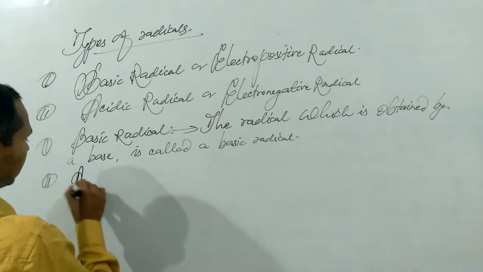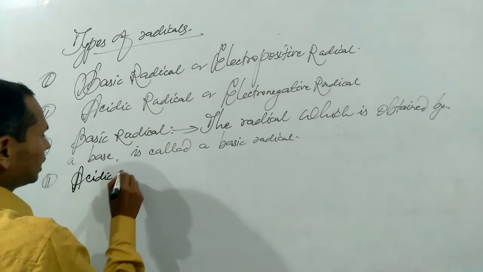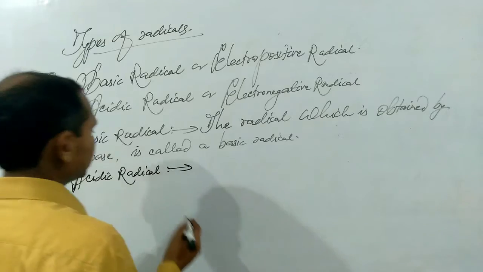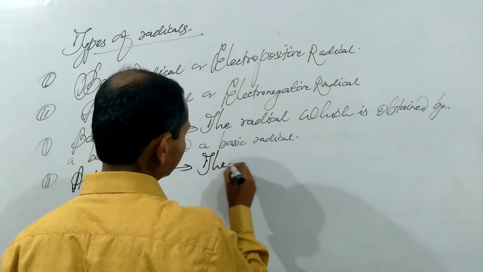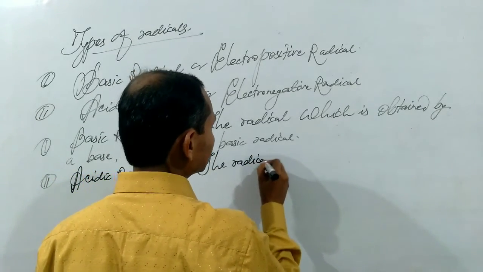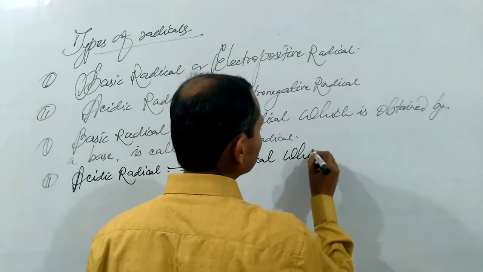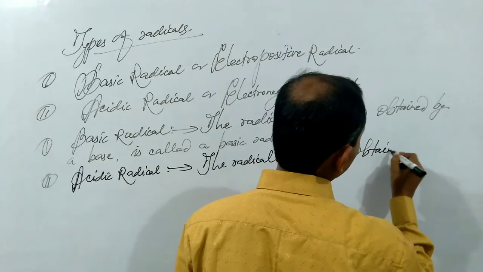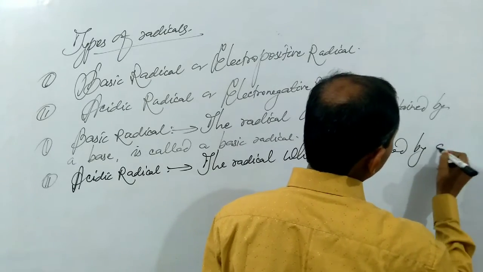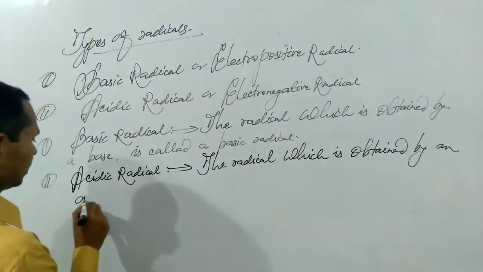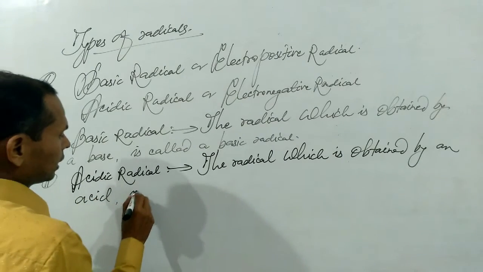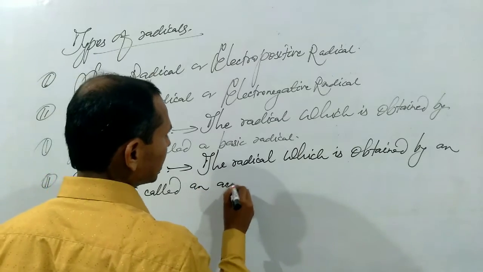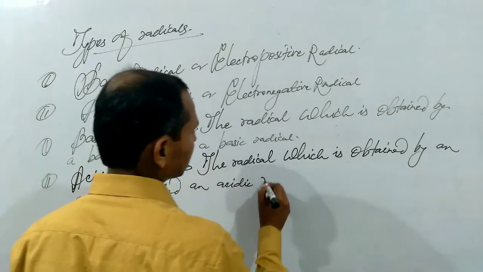Second is acidic radical. It means the radical which is obtained from an acid is called an acidic radical.